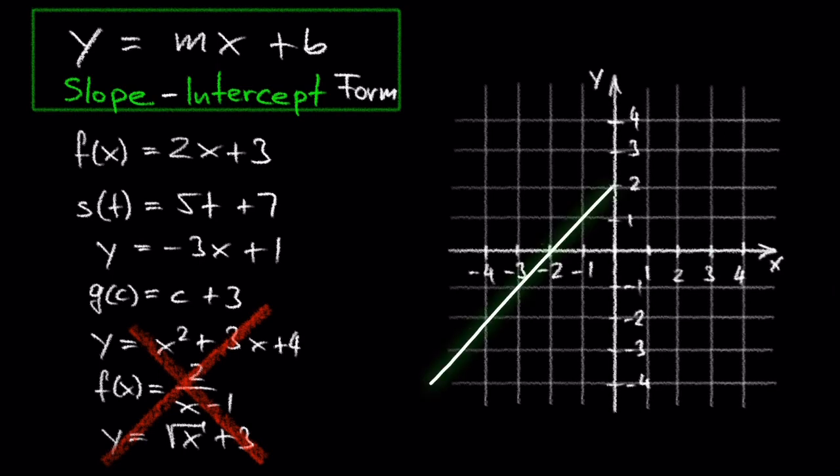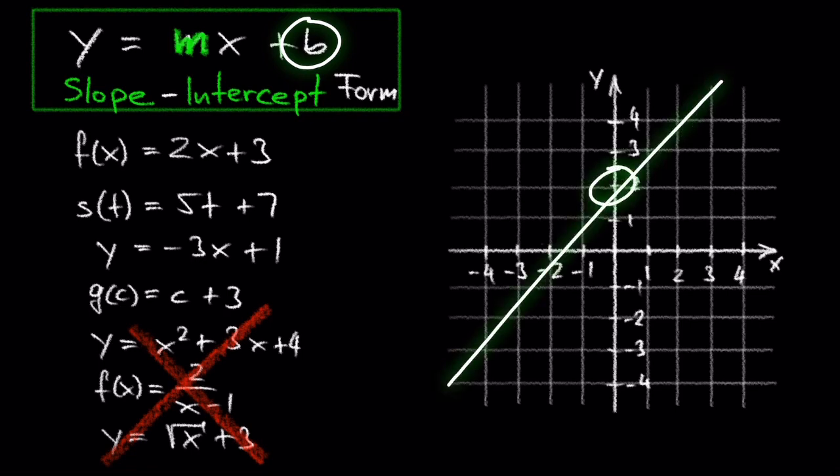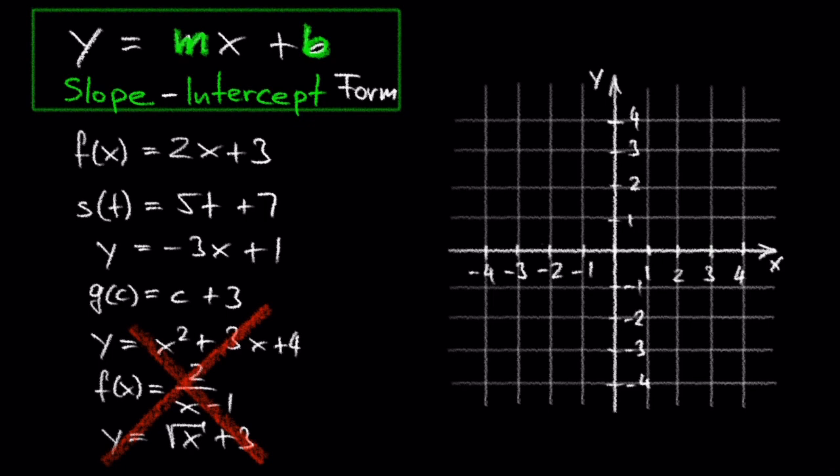The slope of the line is the coefficient m of x, and b is the y value where the line intersects the y-axis, also called the y-intercept.